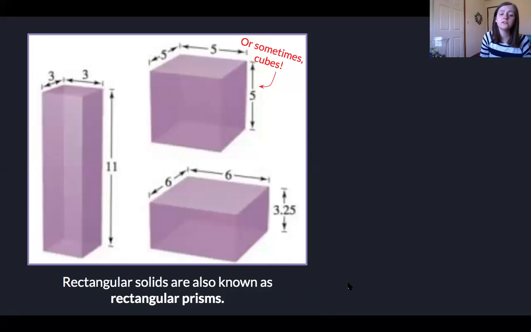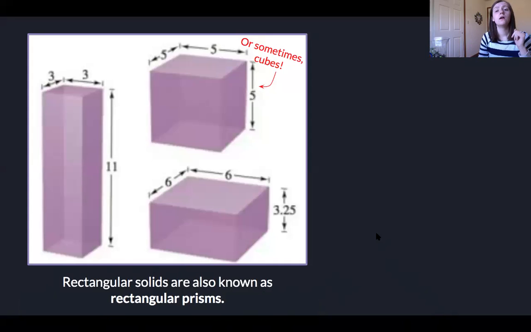Rectangular solids are more often known as rectangular prisms. That's usually what I refer to them as during class, but they call them solids because they're solid 3D shapes that can hold some kind of volume. It can hold a number of cubes, or if you cut it open, maybe even liquid inside it. So that's why they call them solids.